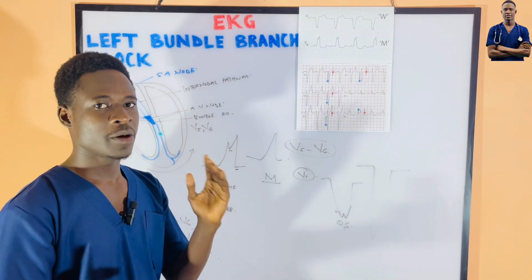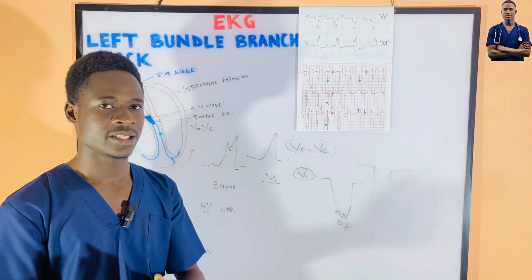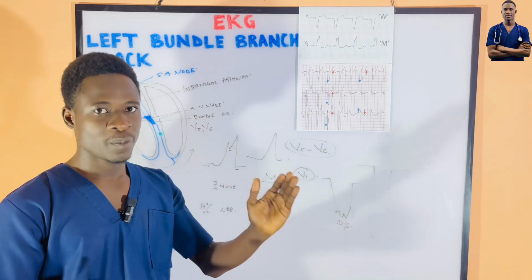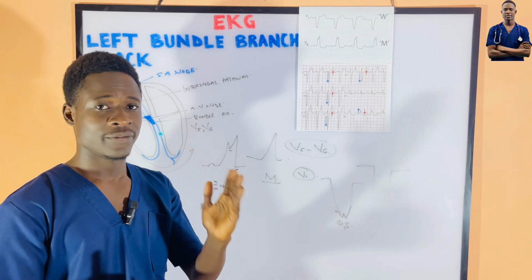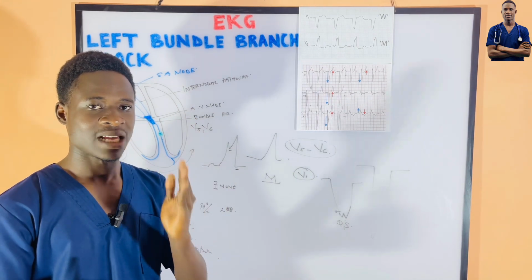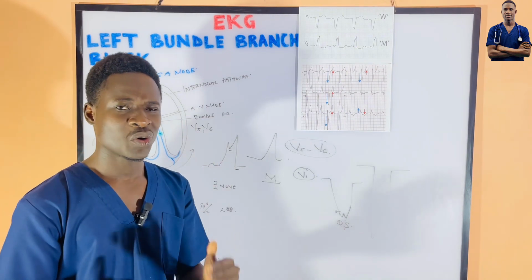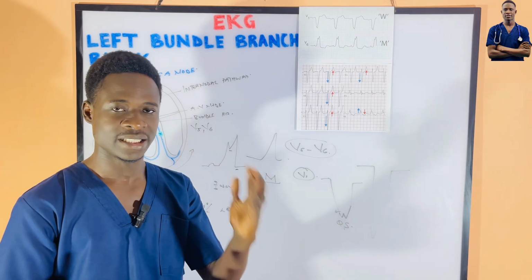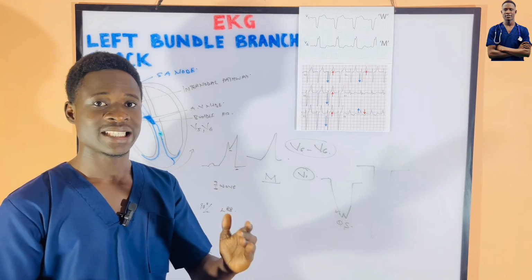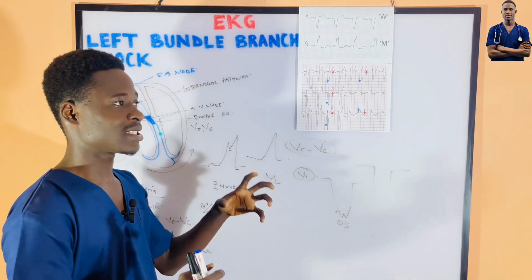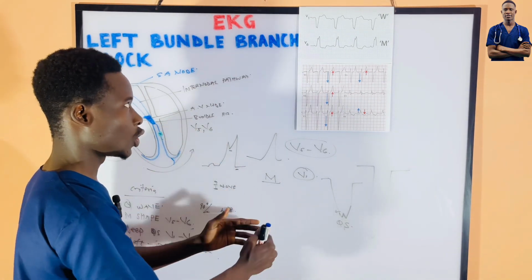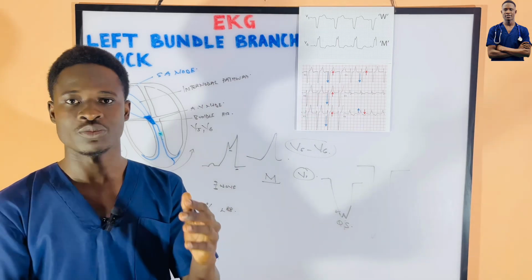Second, we have an M shape on V5, V6. Thirdly, we have what? The deep QS complex on V1, V2, and then sometimes V3. And also, lastly, there's what? A left axis deviation. Left axis deviation. This is what? A clear identification of what? This pathology, which is what? The left bundle branch block.